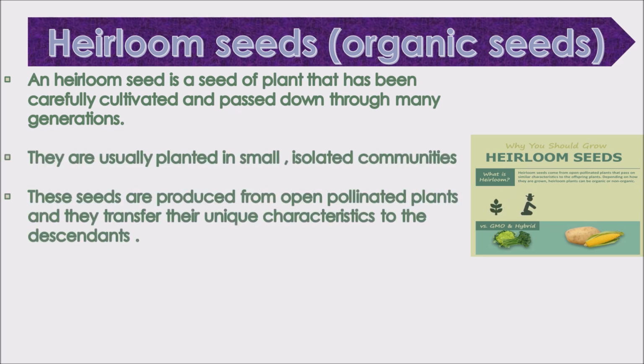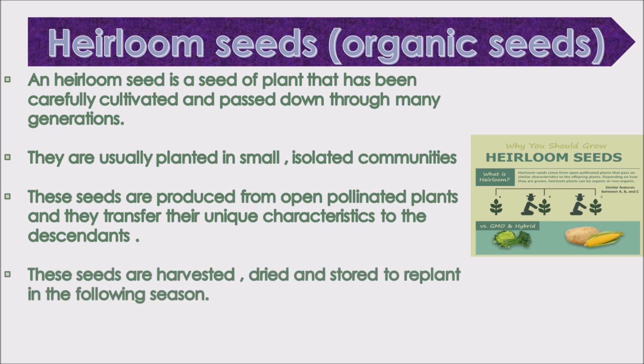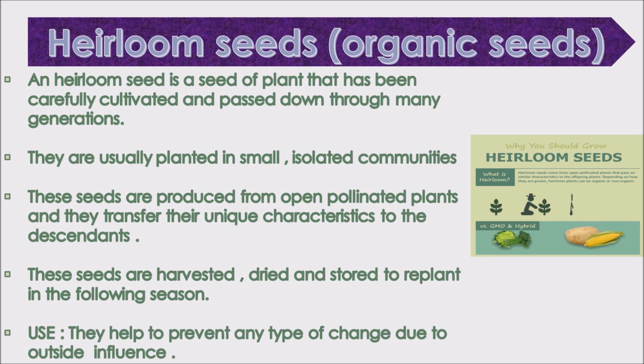These seeds are produced from open pollinated plants that are self-pollinated plants and they transfer their unique characteristics to the descendants, that means the next generations. These seeds are harvested, dried and stored to replant in the following season. The main use of this is to prevent any type of change due to outside influence.